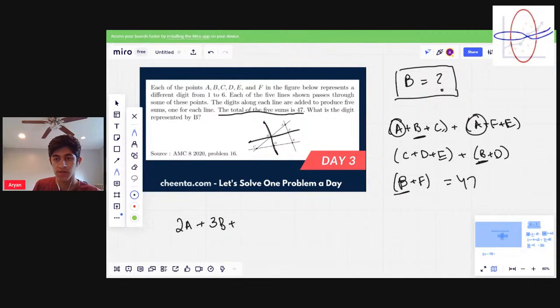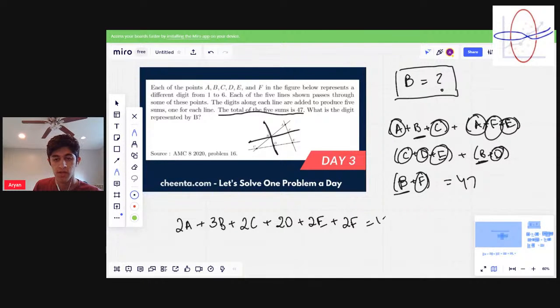Now we count our C's, and we have 2. We could circle the C's right here. So that's our 2C. If we count D, we also have 2 D's. And again, E, we have 2 E's right here and right here. And then finally, F's, we're again left with 2 F's right here and here. So we have 2F. So this sum is equal to 47.